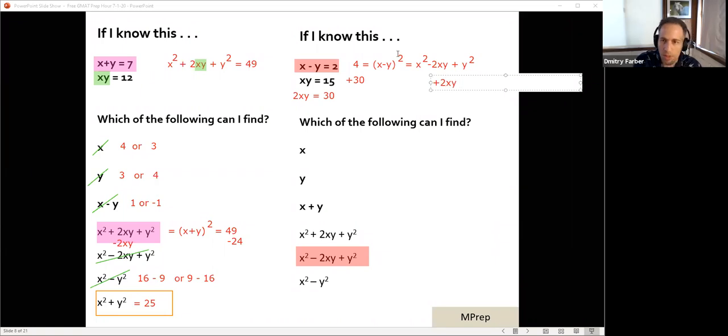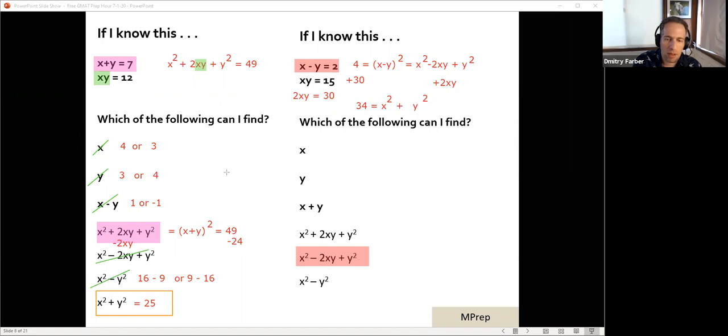It's the same thing, right? And I get 34 equals x squared plus y squared. Okay. So I can get that.